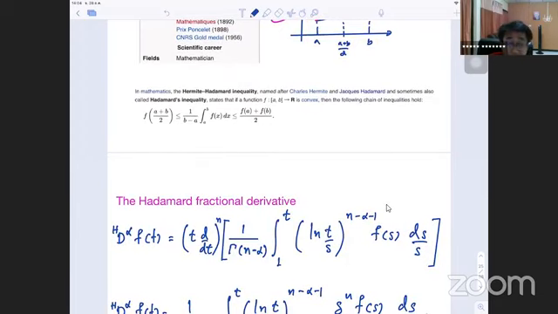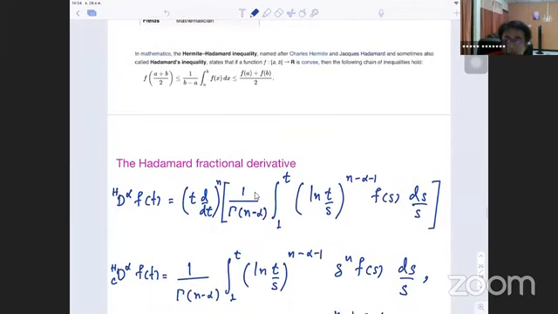The Hadamard fractional derivative is defined like this. And the Hadamard fractional derivative in the sense of Caputo, because for this derivative, the derivative of a constant is not equal to 0 again.